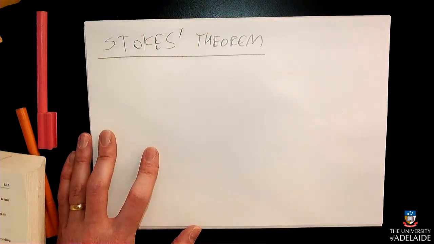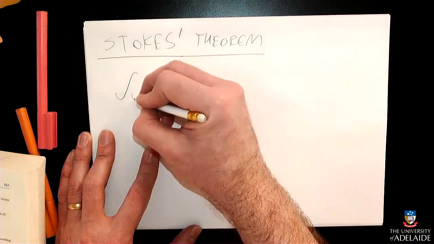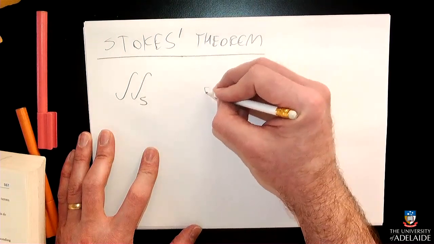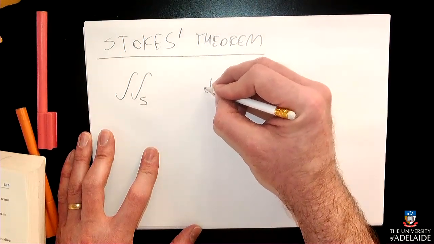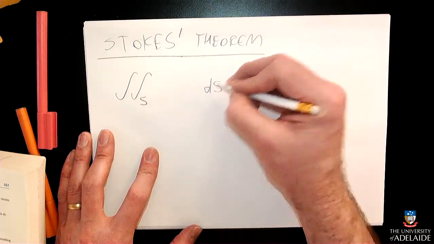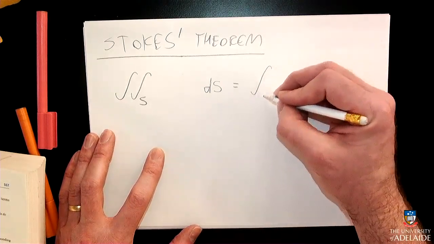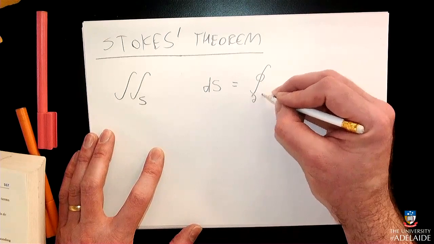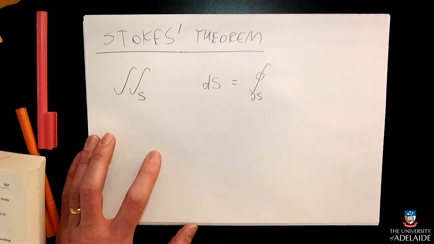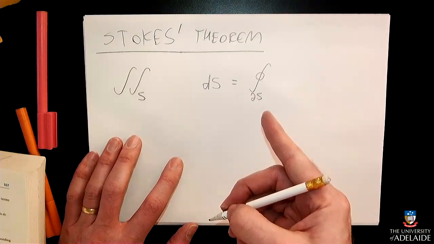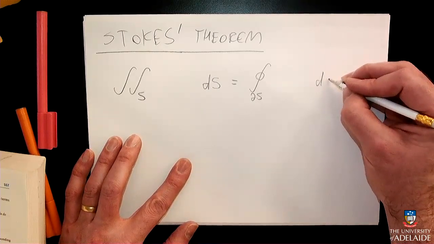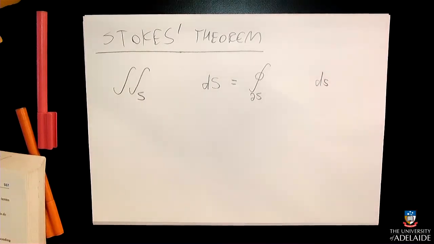So Stokes' theorem does a double integral across a surface, and a single integral across the boundary of that surface, which is a curve. Capital S's and small s's, great.